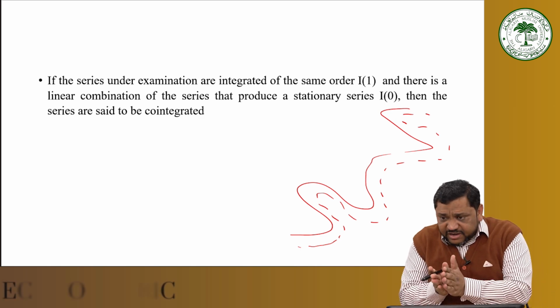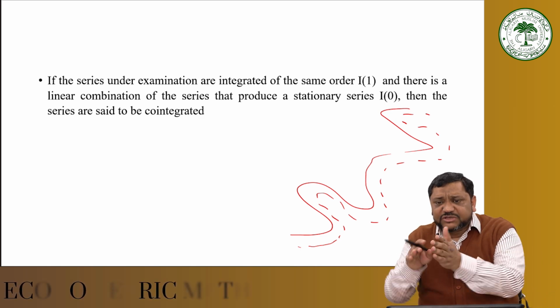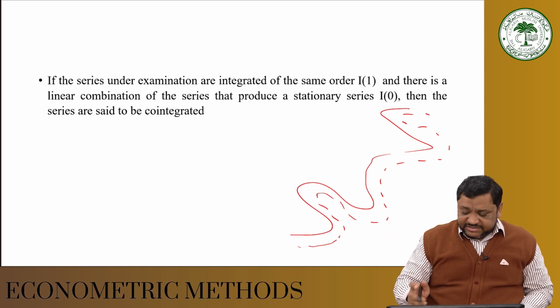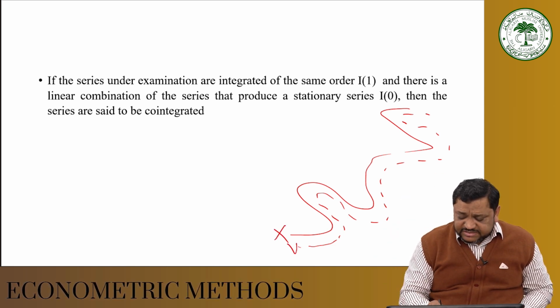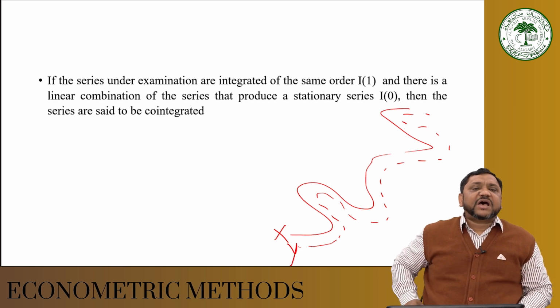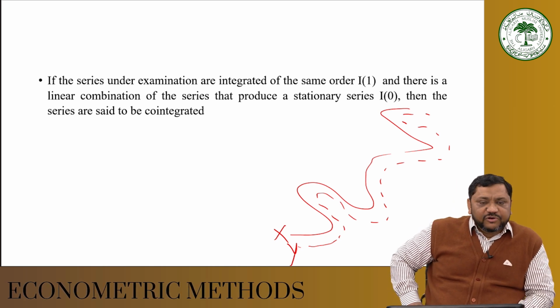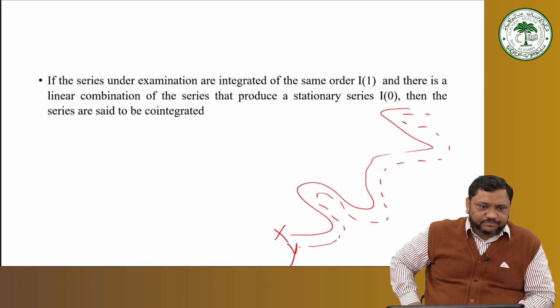Meaning thereby, even if one is moving stochastically, the other one is also following the same trend. Then we can say that these two series, say this is x and this is y, are co-integrated. That is, they have a long run meaningful relationship between them.